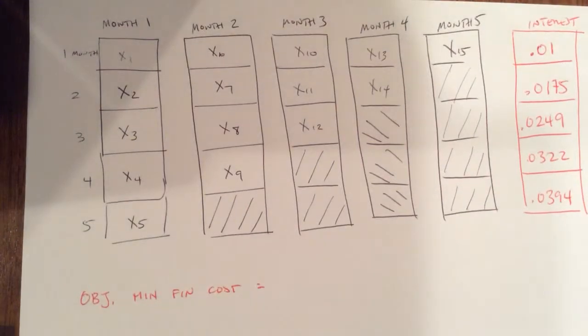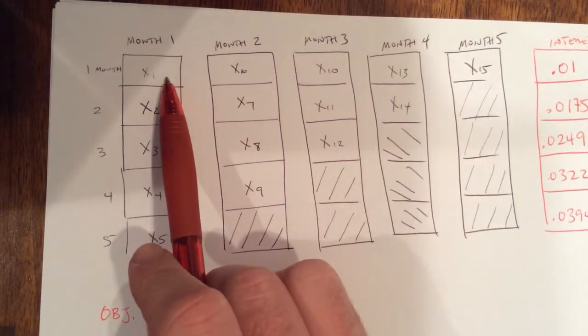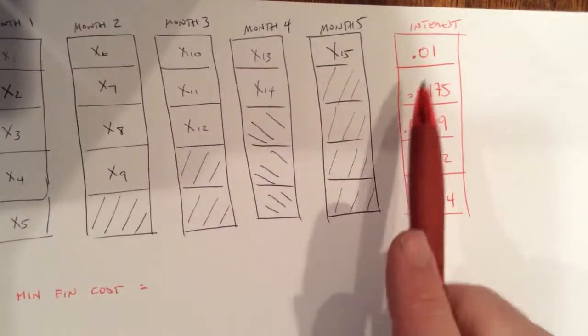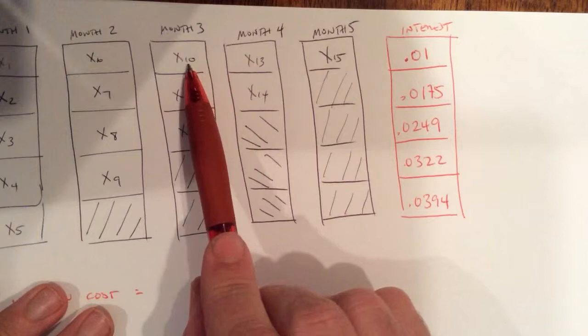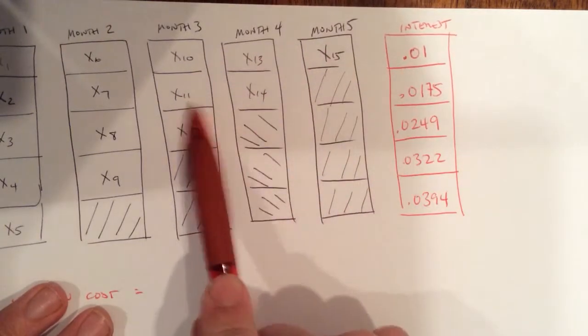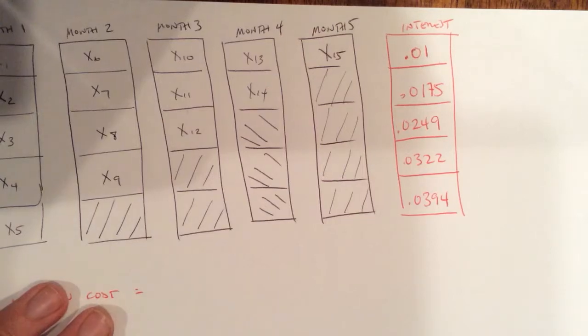All right, so the interest that I accrue for x1 is just the amount of interest that I pay for that. For x2, or let's do it right here. So x10 is just that 1%. x11 will be 0.0175 and x12 is 0.0249.